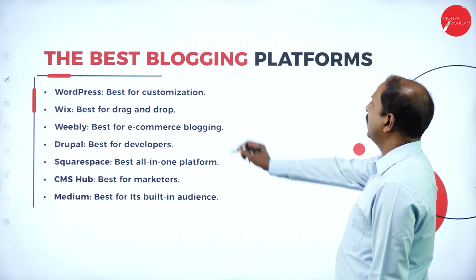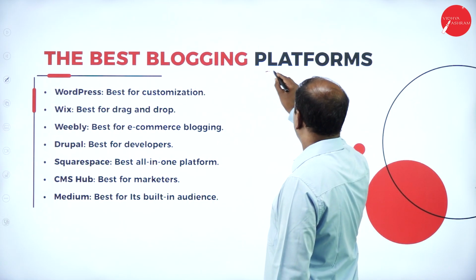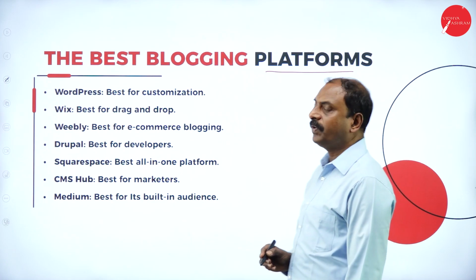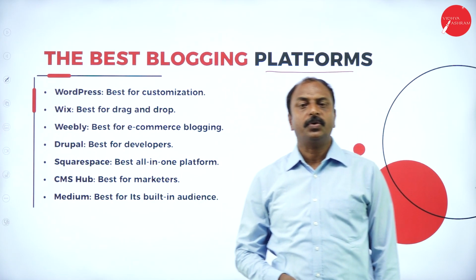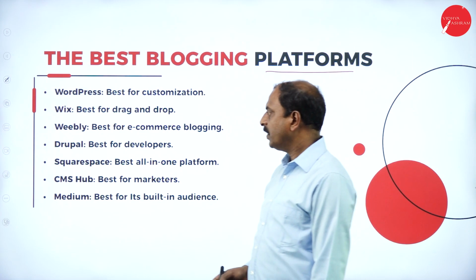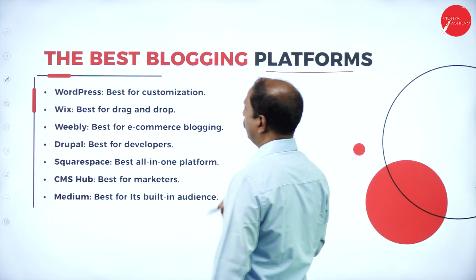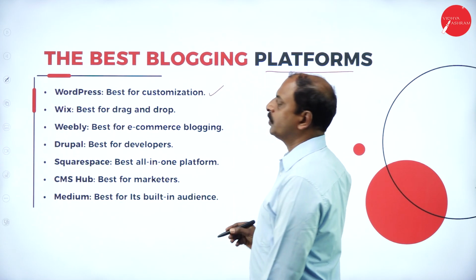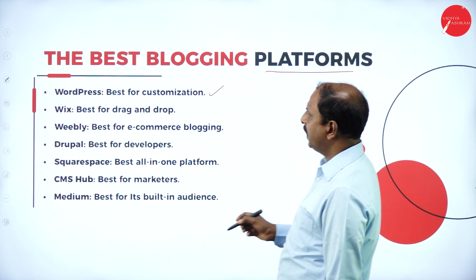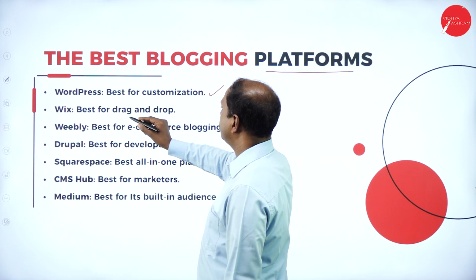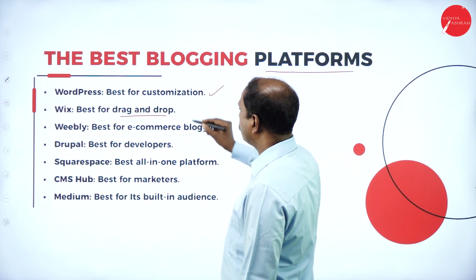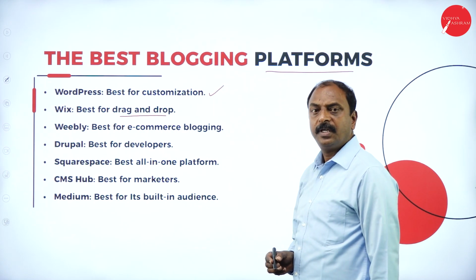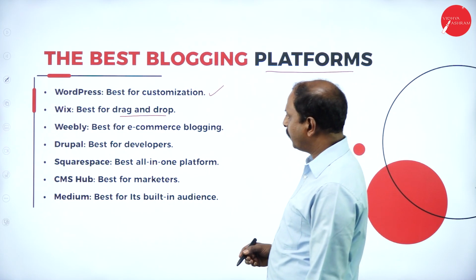Next one is best blogging platform. Suppose you want to create a blog, we can have different platforms. One is WordPress, the most commonly used software. Then Wix, which is for drag and drop, so we can build the site by using the drag and drop option.